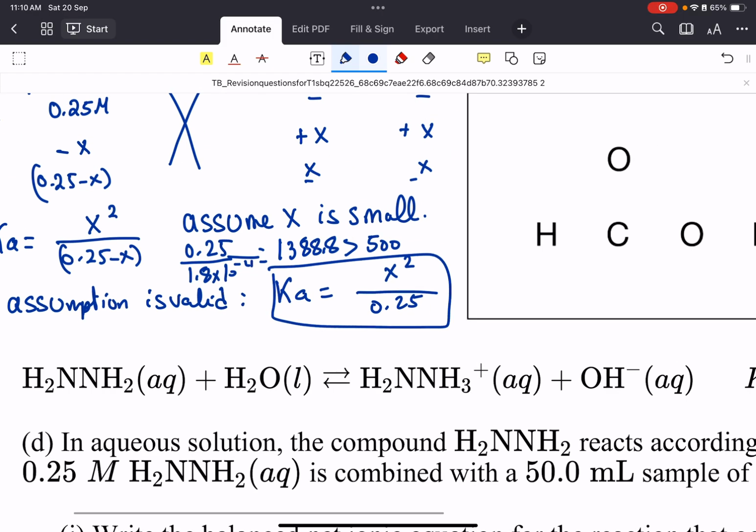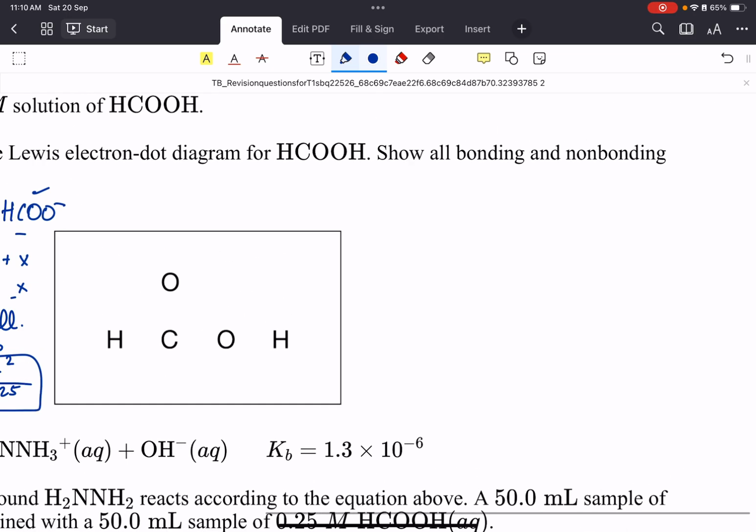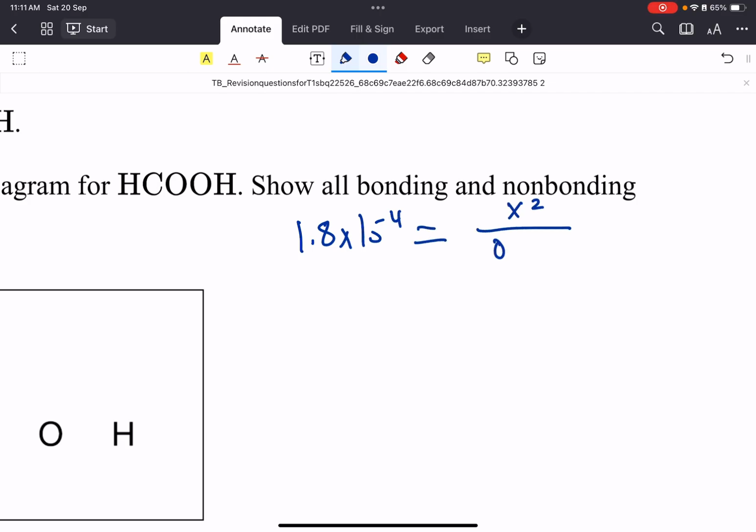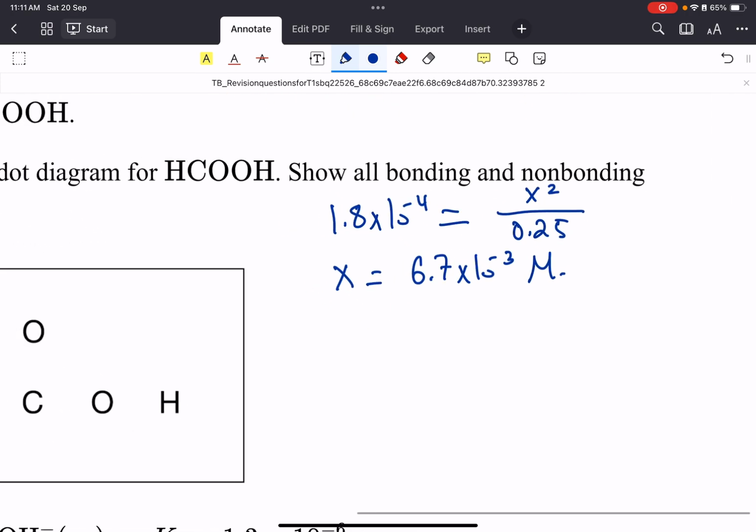Now, let's continue to solve on this side. Substitute with the value of Ka, 1.8 times 10 to the power negative 4 equals x squared over 0.25. X squared would be these two values together. It would be 6.7 times 10 to the power negative 3 molar.